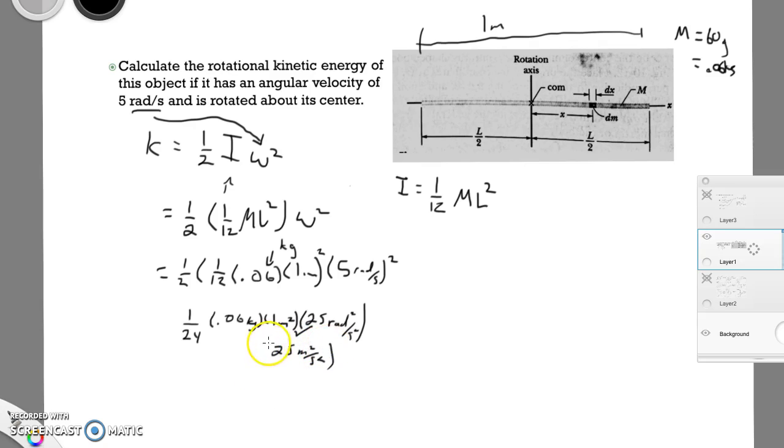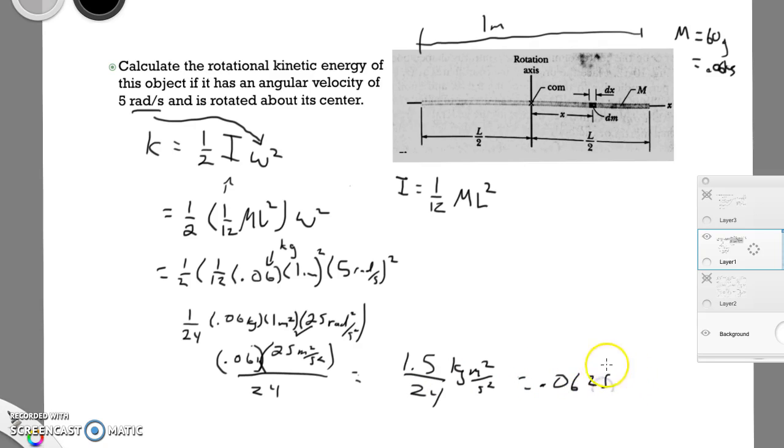Times 0.06 kilograms, and this is all over 24. So we get 1.5 kilogram meters squared per second squared over 24, or 0.0625.